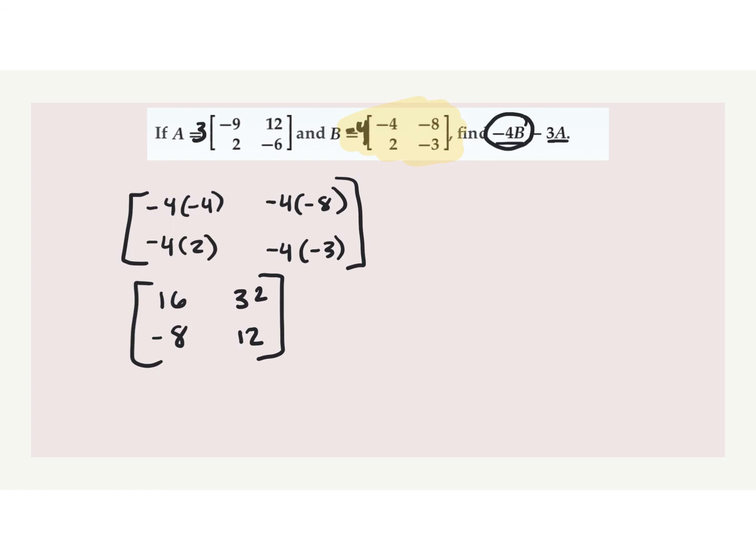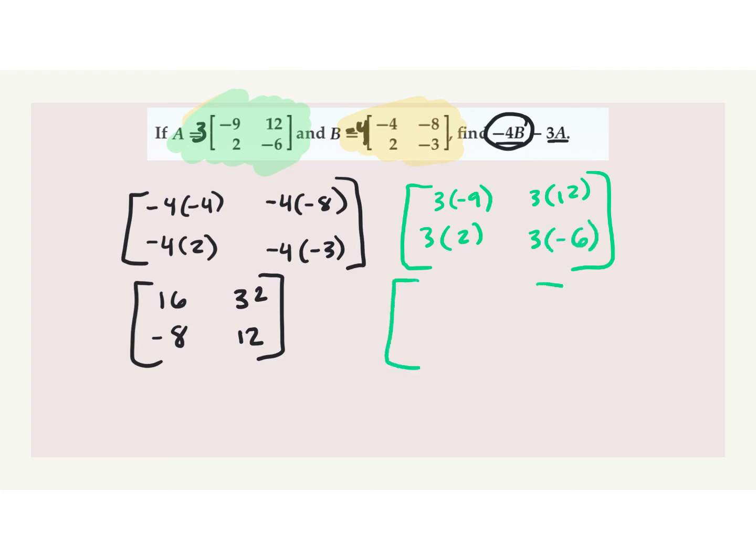Now let's do the same thing here. So now we're going to multiply 3 times our matrix A. So I'm going to do it in a different color just so we can see. So this is going to be 3 times negative 9, 3 times 12, 3 times 2, and 3 times negative 6.